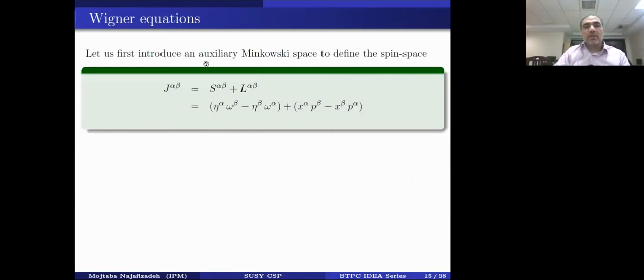Let us introduce an auxiliary Minkowski space to define the spin space. As I said, for the massless and massive representations, this was discrete. But in this case, because we should have a non-zero amount for the W square eigenvalues, we consider this space as an auxiliary Minkowski space.